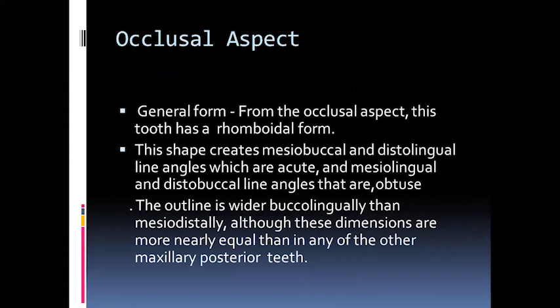From the occlusal aspect, this tooth has a rhomboidal form. This shape creates mesiobuccal and distolingual line angles which are acute, and mesiolingual and distobuccal line angles that are obtuse. The outline is wider buccolingually than mesiodistally, although these dimensions are more nearly equal than in any of the other maxillary posterior teeth.